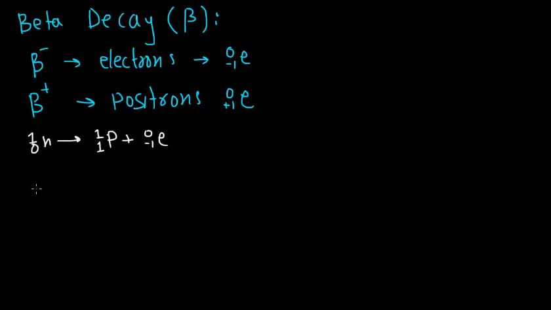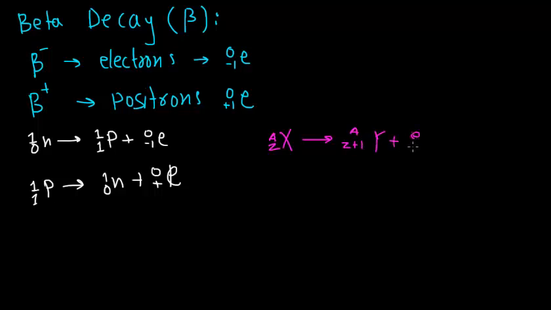We can write that in terms of the following equation. So one proton splits up into a neutron plus a positron. So we can represent a beta negative decay by this equation. And a beta positive decay by this equation.